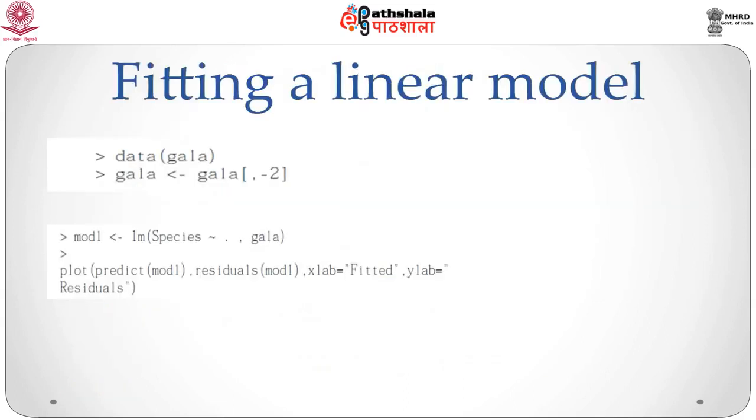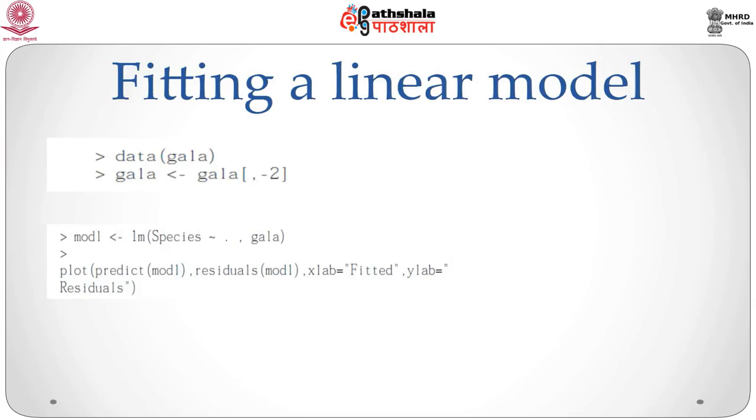So here we are fitting a linear model again to the data. We are going to look at some diagnostics. The variable endemic is not of interest to us, so we begin by calling data Gala and by dropping the second column of the Gala data set.